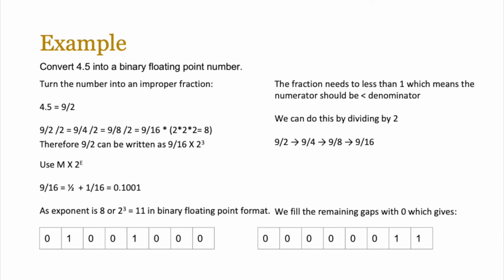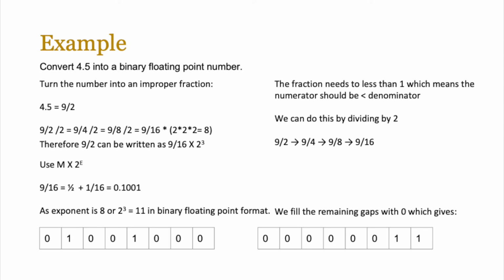And you can try these combinations yourself. You can try to work it out and convert 9 over 16 into a binary representation, which should work out to 0.1001. So you got a half, and then you got 1 over 16 at the end. So the idea is to simplify this improper fraction into the binary equivalent of decimal point headings, so half, a quarter, an eighth, and a 16.